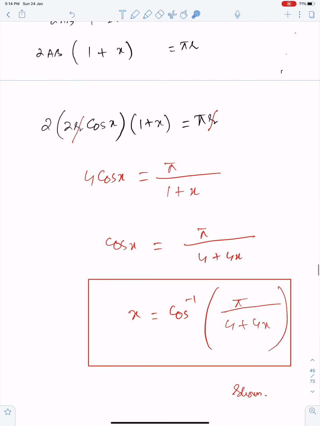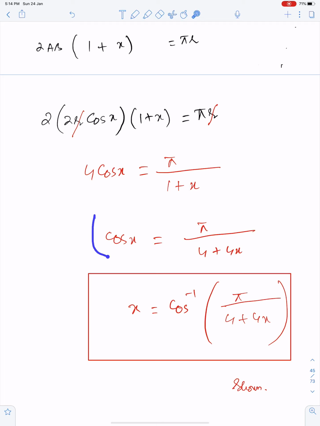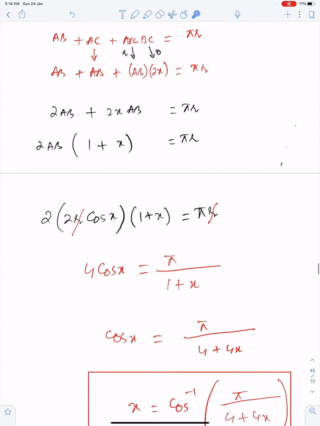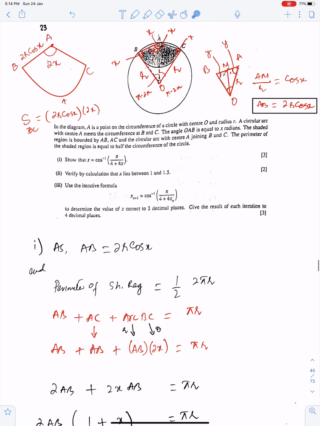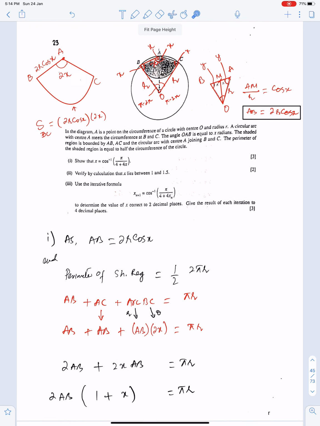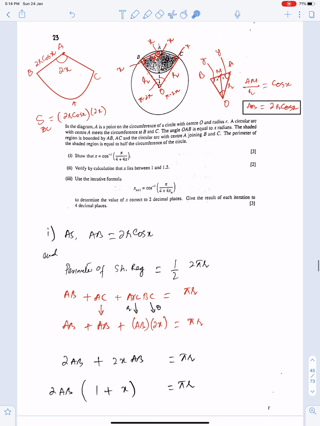We have to make cos x the subject first, and then we need x. So this equation will become cos inverse of pi upon 4 plus 4x. This question is simple as compared to the last question. If you want to take the screenshot, you can.